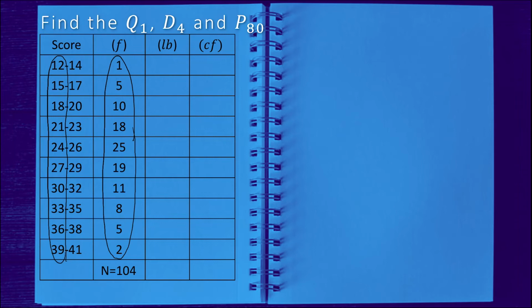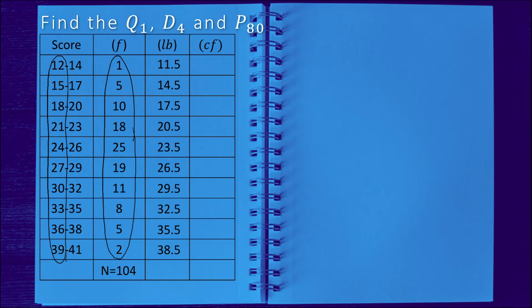That is 12 minus 0.5 is 11.5. 15 minus 0.5, that is 14.5. 18 minus 0.5, that is 17.5. 21 minus 0.5, that is 20.5. 24 minus 0.5 is 23.5. 27 minus 0.5 is 26.5. 30 minus 0.5 is 29.5. 33 minus 0.5 is 32.5. 36 minus 0.5 is 35.5. And last is 39 minus 0.5 is 38.5.